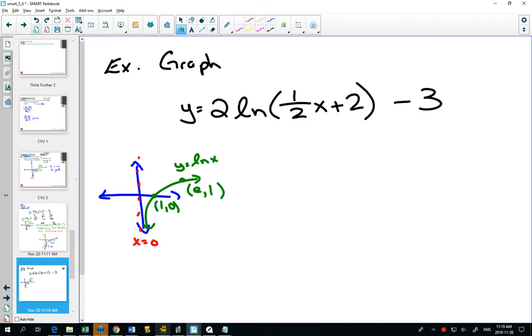E is 2.7-ish. Ooh, just thinking about that. 2.7-ish is really close to what it actually is because it's 2.7181, and then it's almost like another 8.